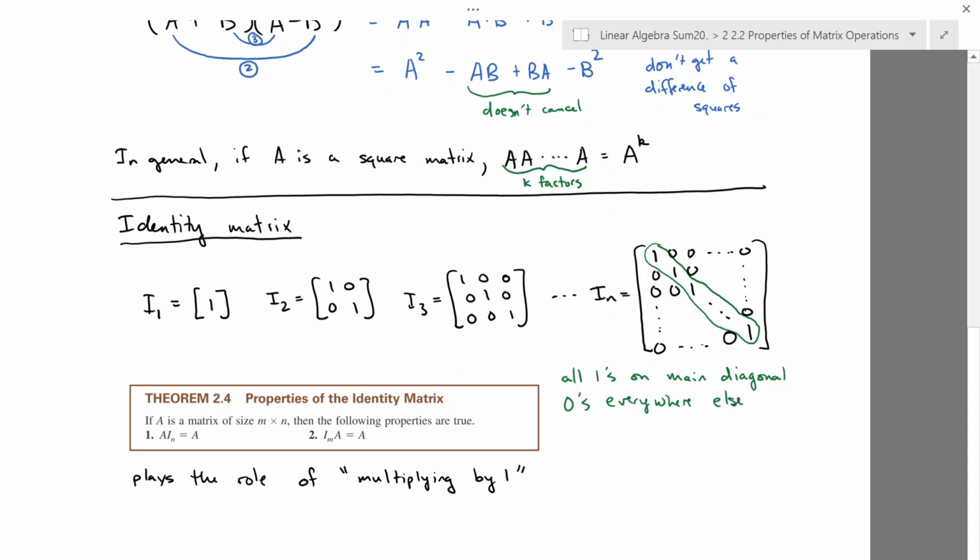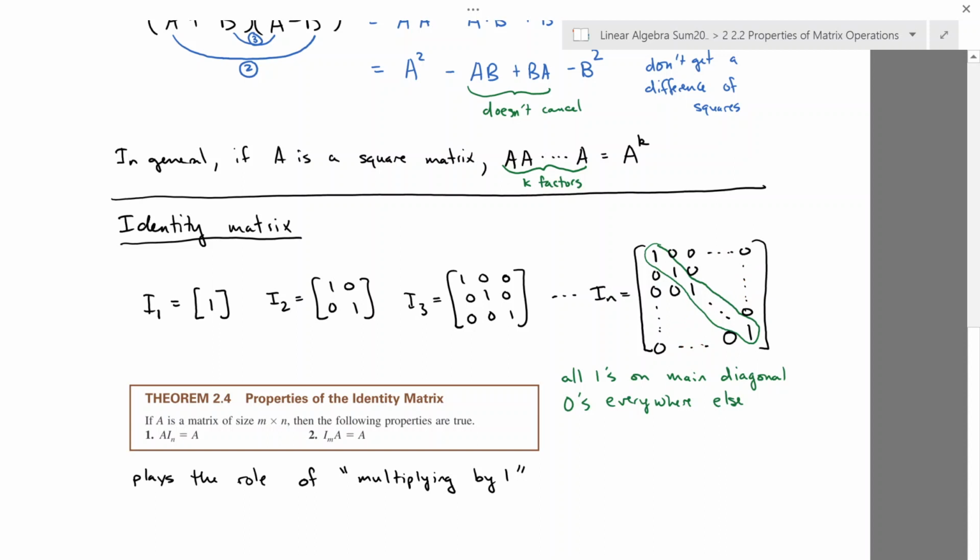The 2 by 2 identity matrix has 1s along the diagonal and 0s everywhere else. The 3 by 3 matrix again has 1s along the diagonal and 0s everywhere else. This is called the main diagonal, which I've highlighted here. In general, the n by n identity matrix has all 1s along the main diagonal and 0s in every other entry.